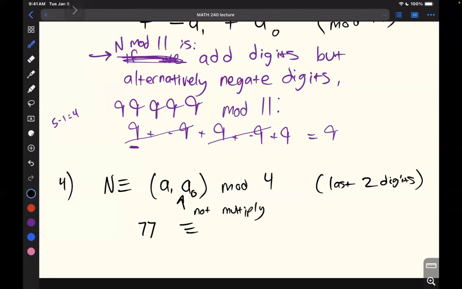Okay, so this number, that's not a product. It's just that we literally take the last 2 digits.